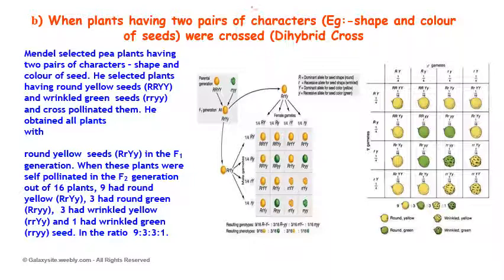When these plants were self-pollinated, in the F2 generation, out of 16, 9 have round yellow, 3 have round green, 3 have wrinkled yellow, and 1 has wrinkled green seeds, in the ratio 9:3:3:1.